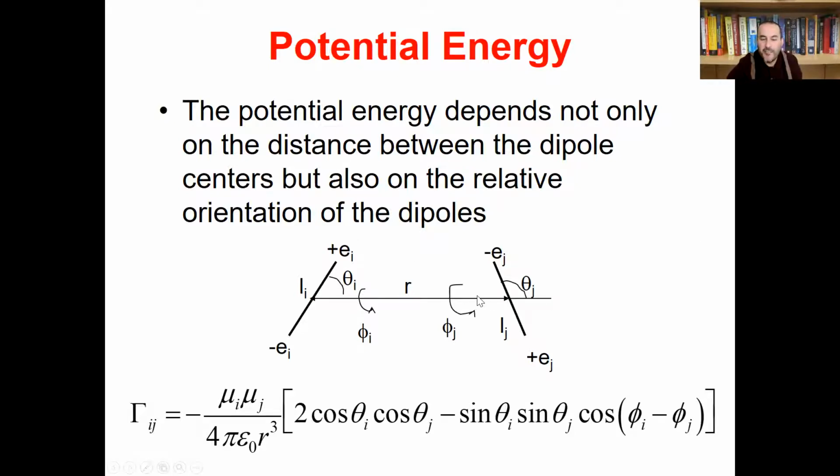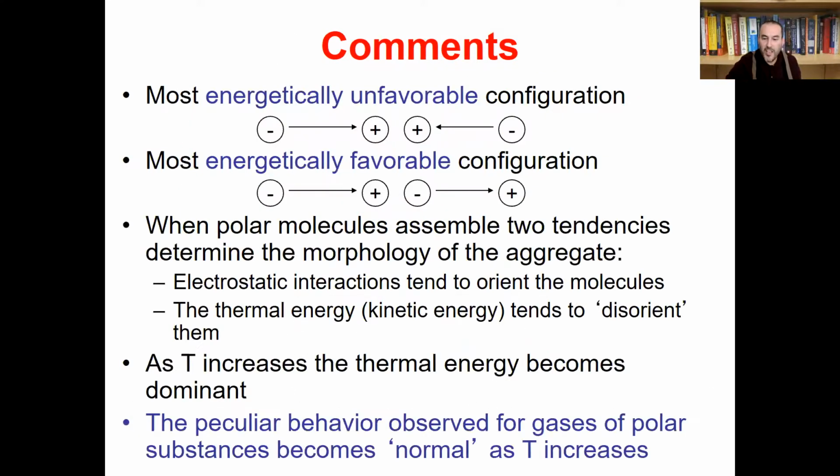Obviously these molecules don't simply sit there in a single orientation. Perhaps there are an infinite number of configurations that molecules with permanent dipole moments may take. As we're going to see in the next slide, we tend to take an average of these orientations.